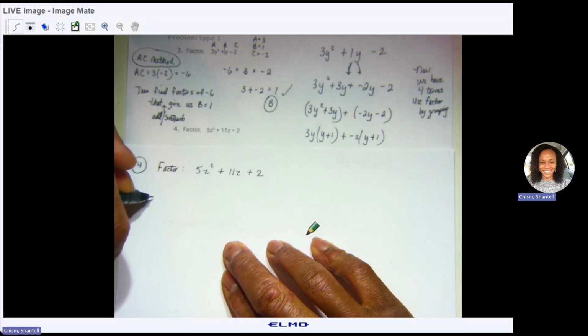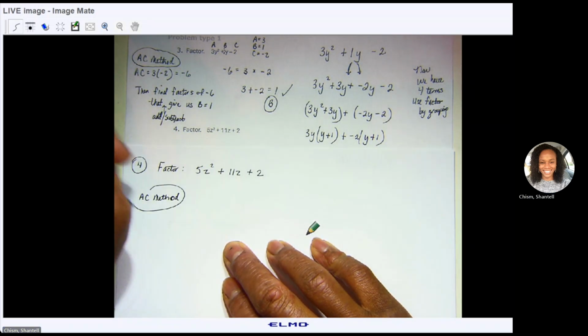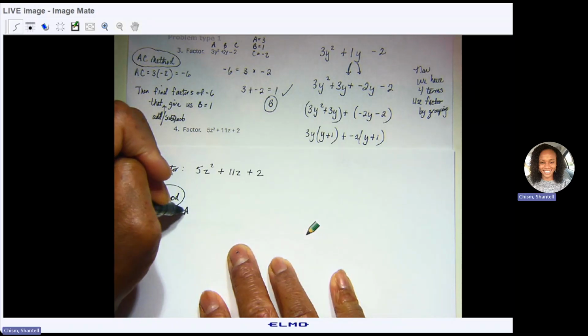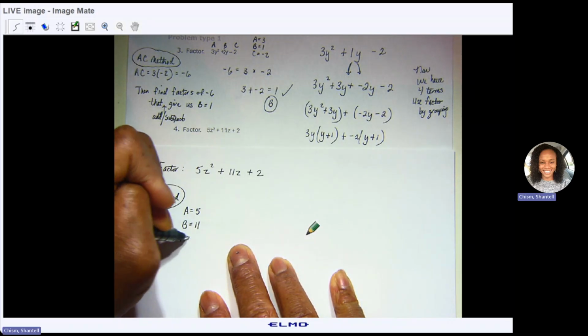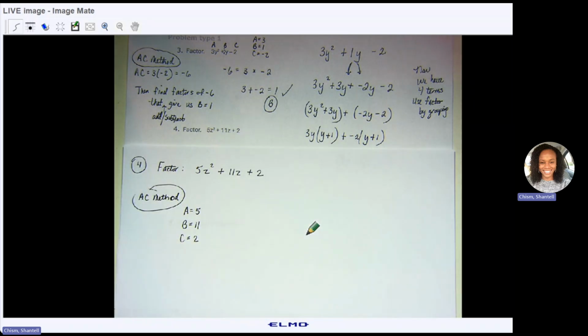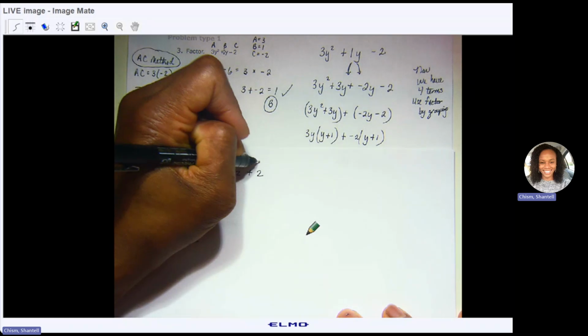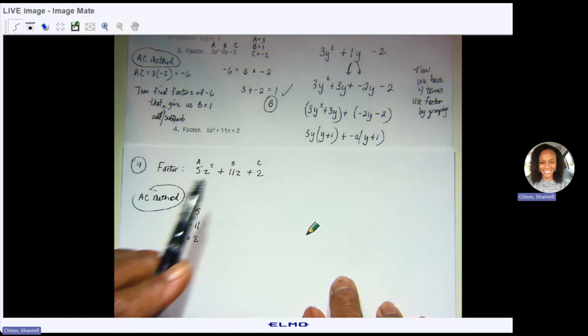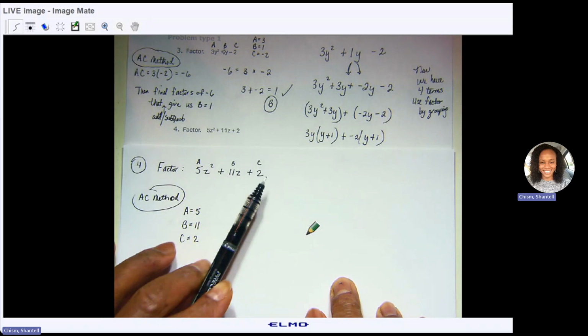Okay, so let's start with AC method. So A is 5, B is 11, C is 2. Okay, so A, B, C. And of course, you take the sign with them. Positive 11, positive 2.